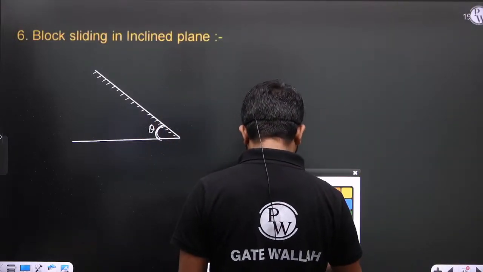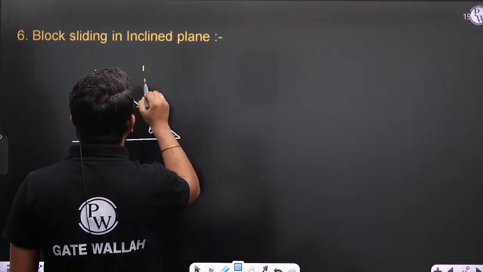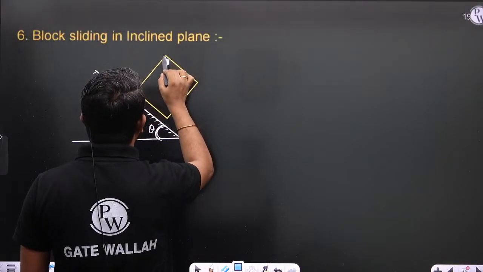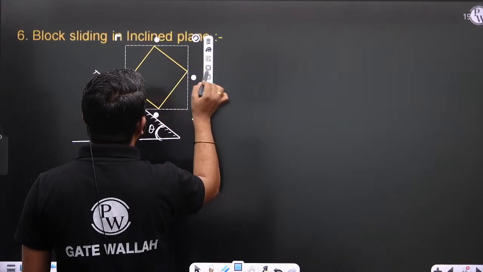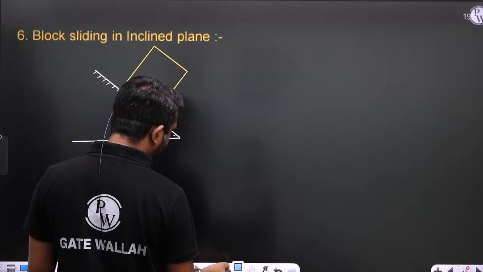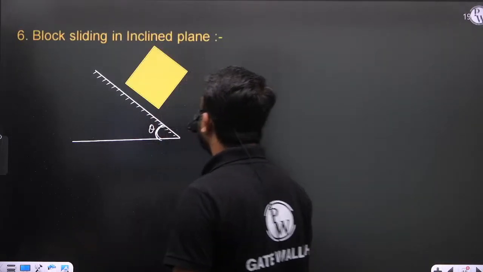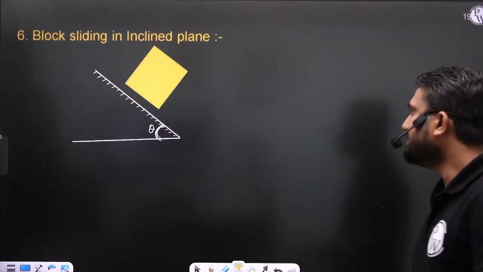Now there is a block. Let us consider this is the block, and this block is sliding on this inclined plane.